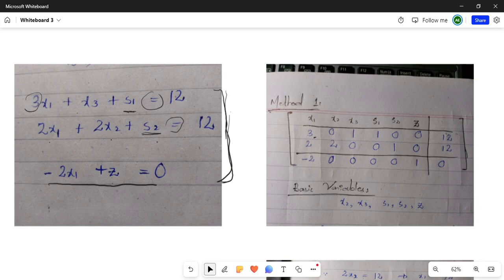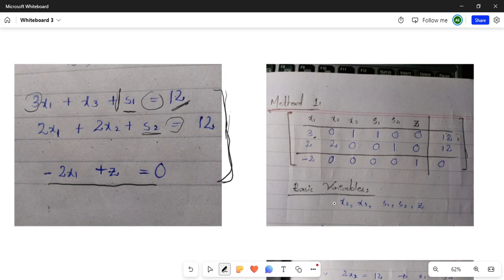For x2, we can see that there is no x2, which means the coefficient of x2 is 0. Similarly, s1 has a coefficient of 1, therefore we will write 1. And similarly for the others, and on the constant side it is 12, therefore we will write 12.